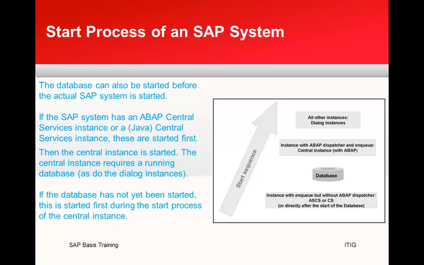Number 3 goes to the other dialog instances. So these are the 3 instances. Just take note that the first one is the ABAP central services instance, second is the central instance, third is all other dialog instances. This is the order. Also take note that the database has to be up before the actual SAP can be started. That is the prerequisite.